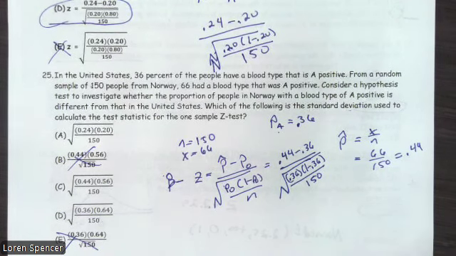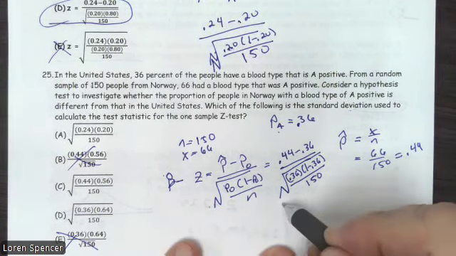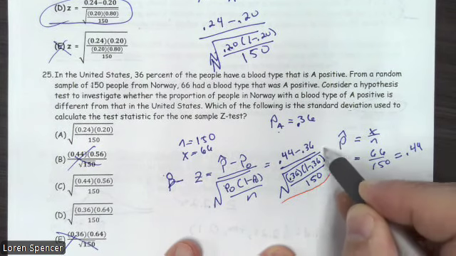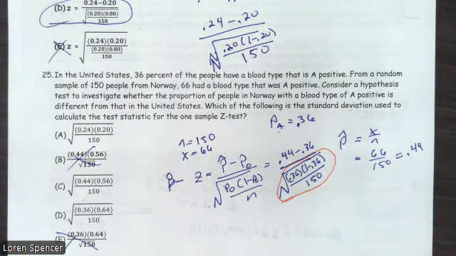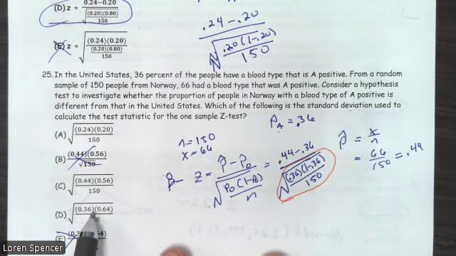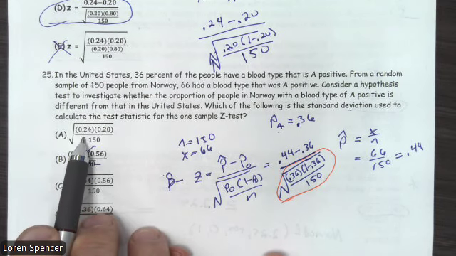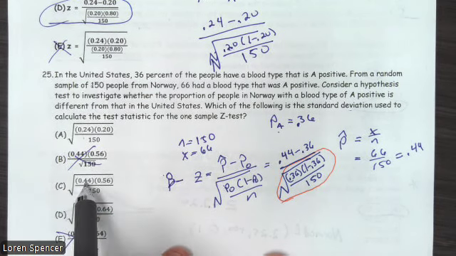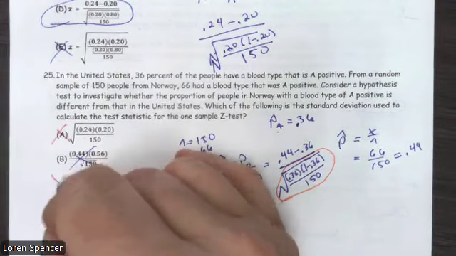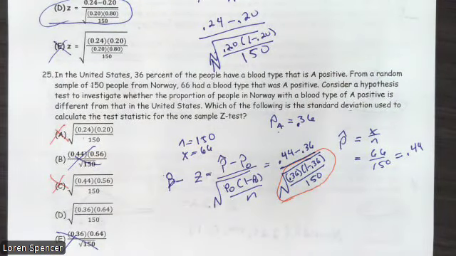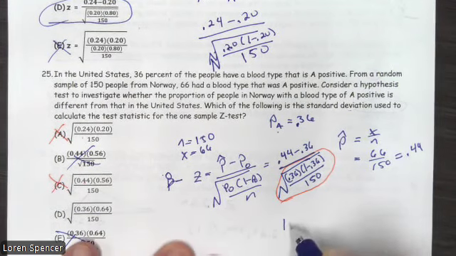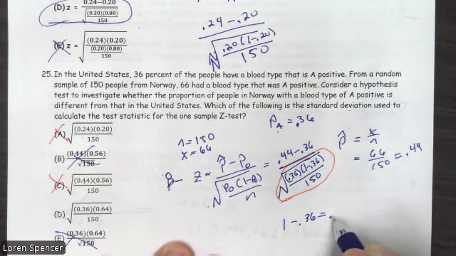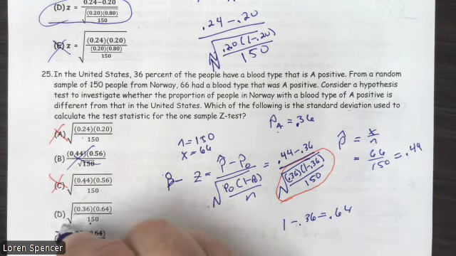All right, well, the standard deviation is this part underneath. So the one that has 0.36, well, that's not 0.36. That gets rid of those. Best answer choice for 25 is D. And 1 minus 0.36 equals that 0.64 that you see right there.